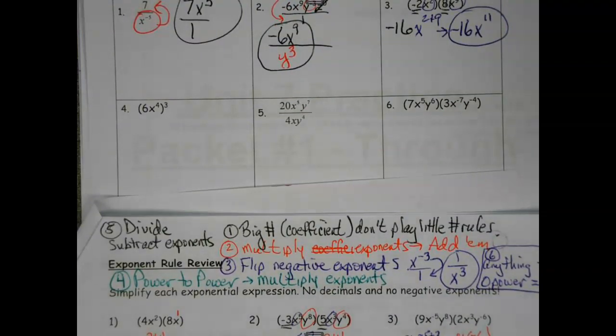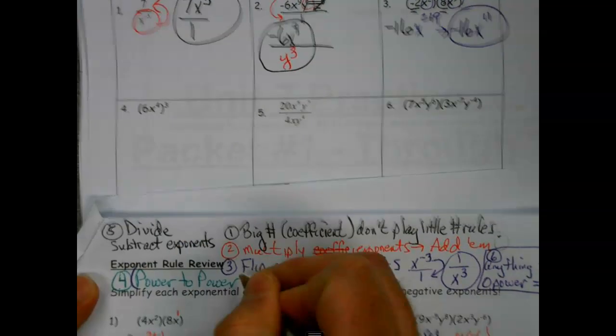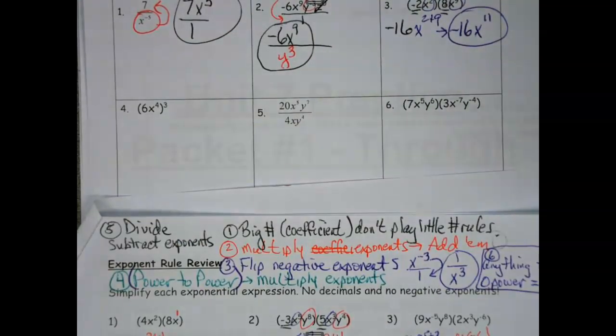So I look and I go, okay. Now I see parentheses. What's that again? Parentheses is power to power. You know what? I'm going to put parentheses around power to power to remind me that's what it means. When I see that, we're going to multiply the exponents together.